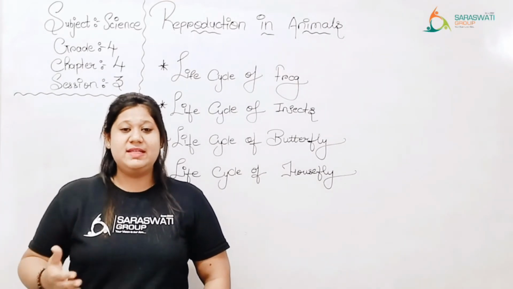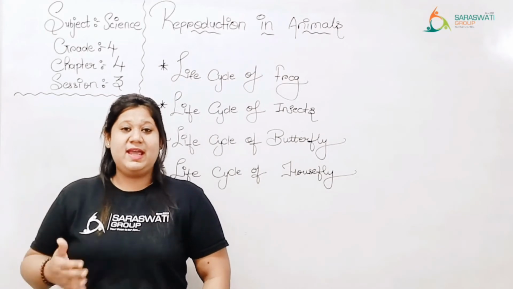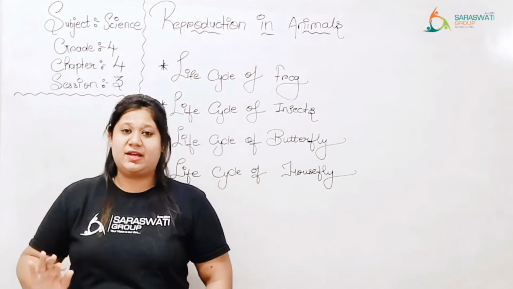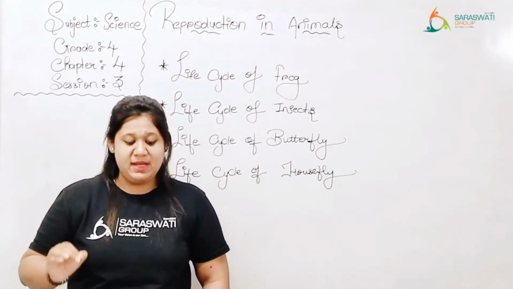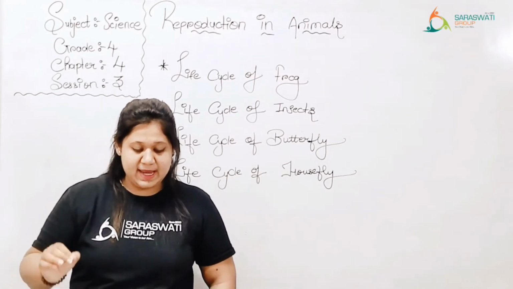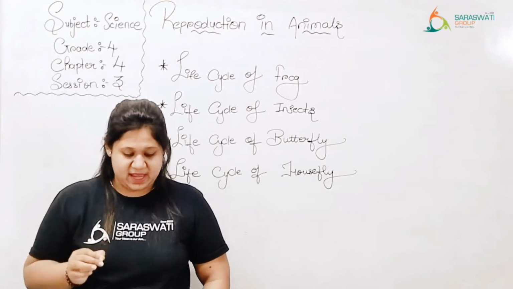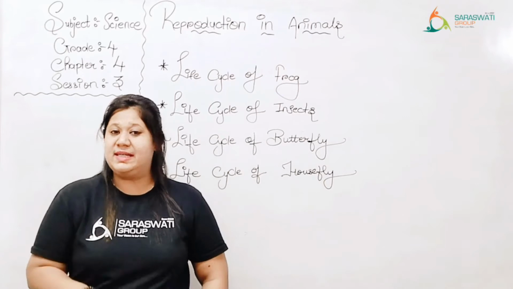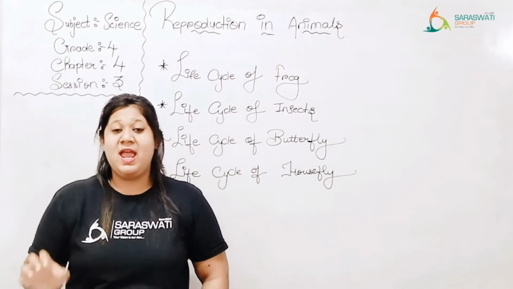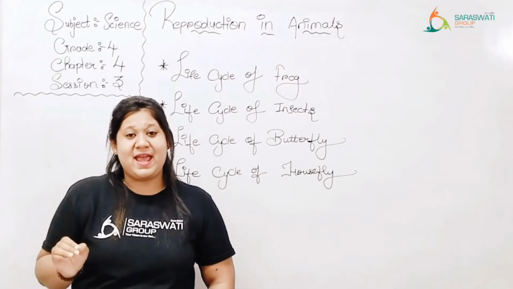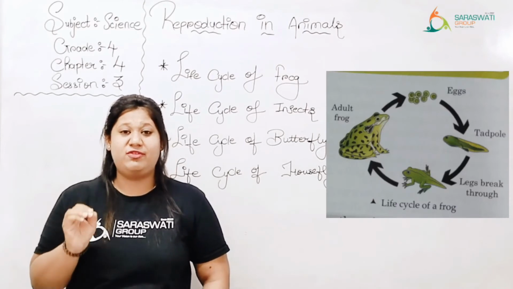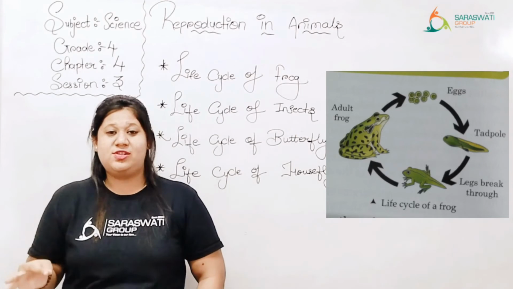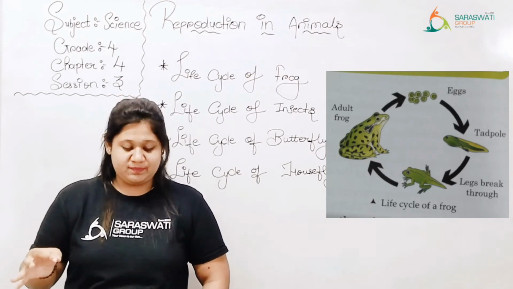Normally birds lay eggs like 5, 6, 9, 10, only that many. But a female frog lays hundreds of eggs at the same time in a lake or else in a pond. A female frog lays 100 eggs at one time. We can say that she lays more than 100 eggs also.